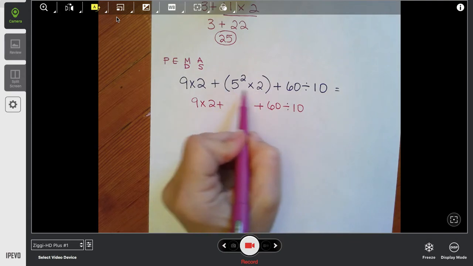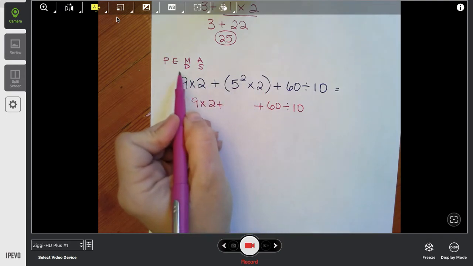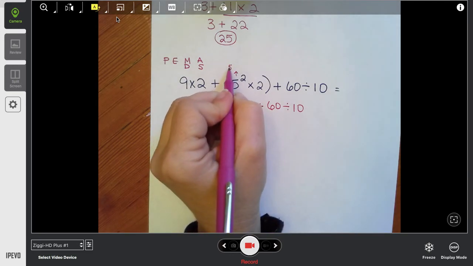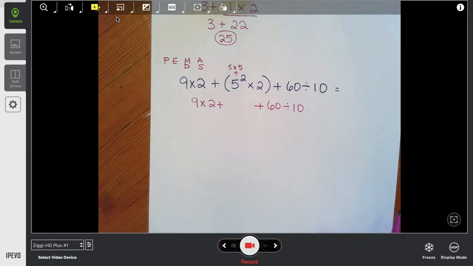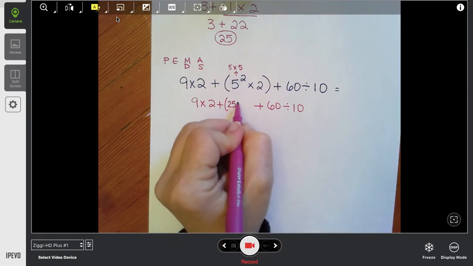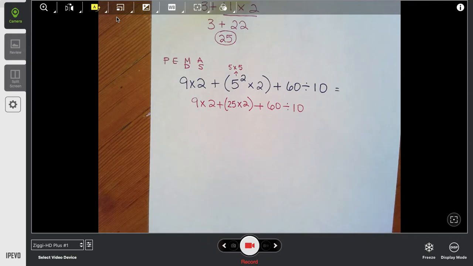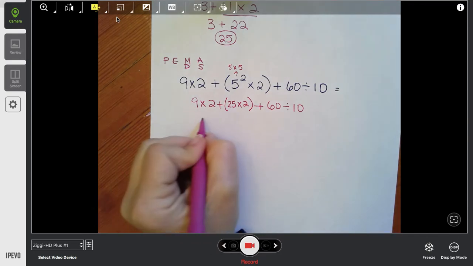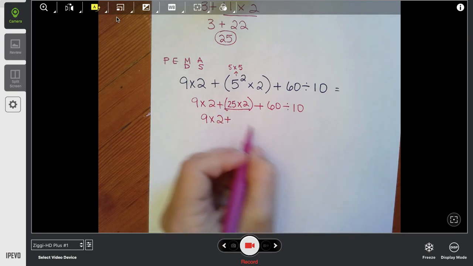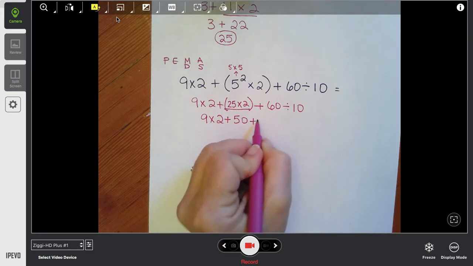Now inside the parentheses we have to follow order of operations. I see exponents, so we're going to do that first. 5 to the second power is the same thing as 5 times 5. So 5 times 5 is 25 times 2. We still have to finish up what's in those parentheses, so I'm going to leave everything else alone and solve this. 25 times 2 is 50.